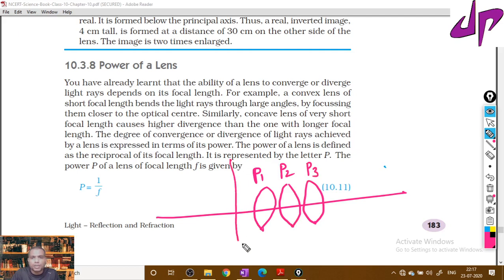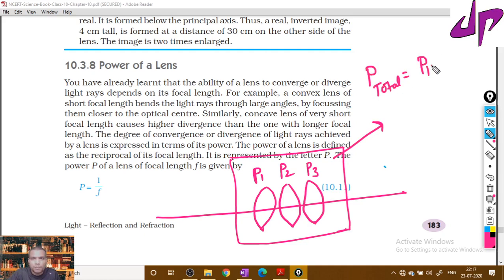Now these three together act as a single lens. If I want to calculate the total power, I can write P total equals P1 plus P2 plus P3. So we can combine the powers of the individual lenses to get the total power, which increases the ability of the instrument.